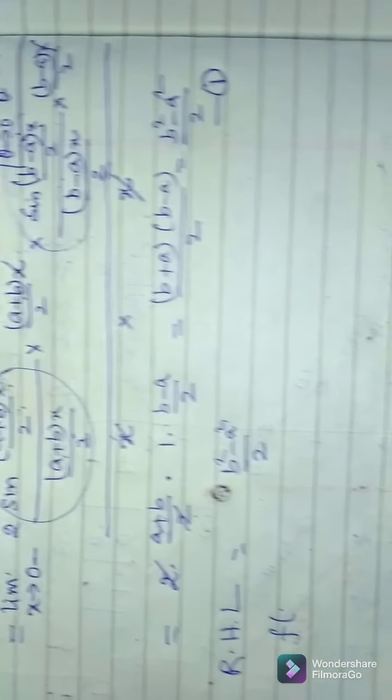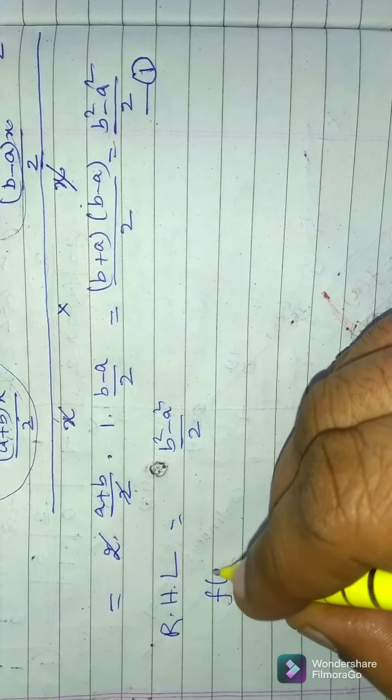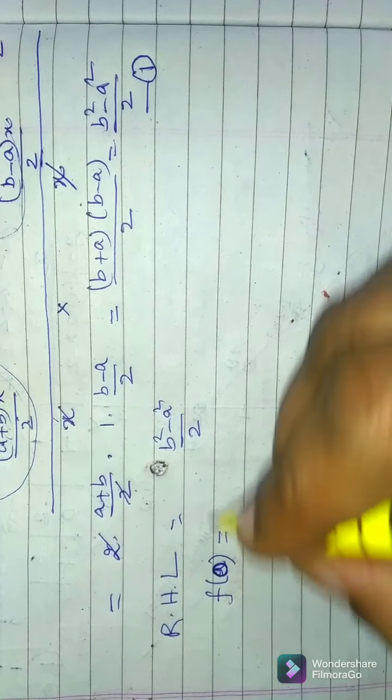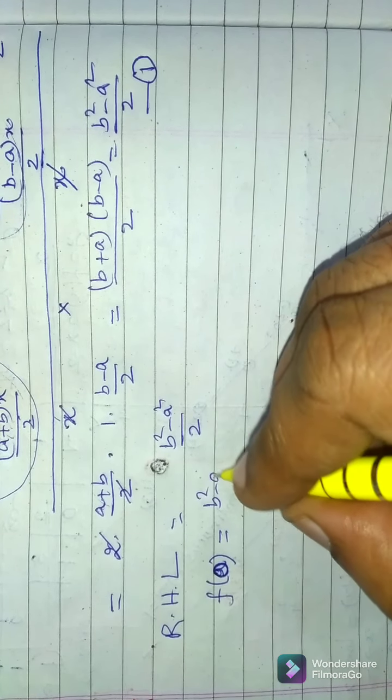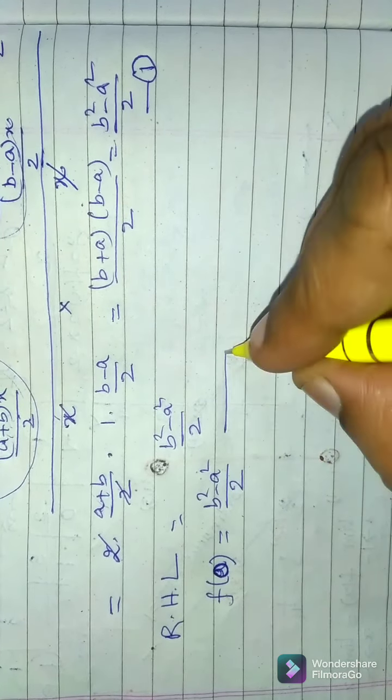So f(0) is equal to (b square minus a square) upon 2. This is taken as 3 and this is taken as 2.